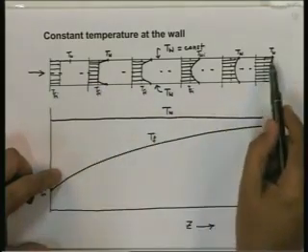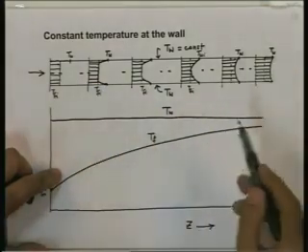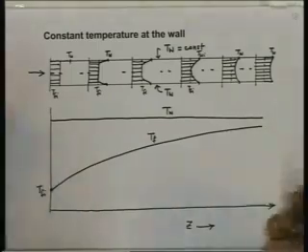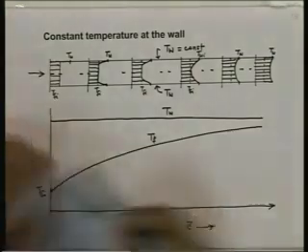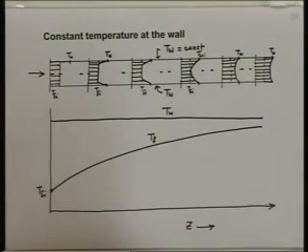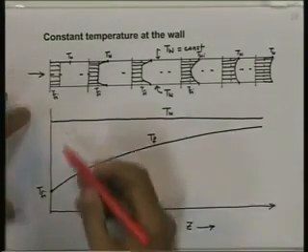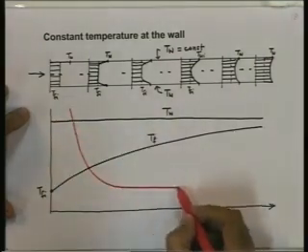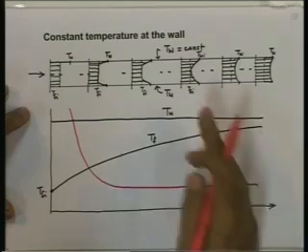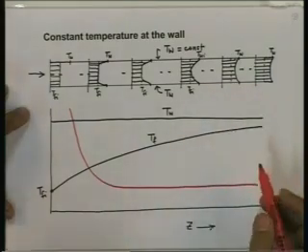Later on, it would be a small fraction of that. Combining these two, it turns out that the heat transfer coefficient, maybe I should use a different color for that, starts off with large values and then becomes almost constant after some distance.